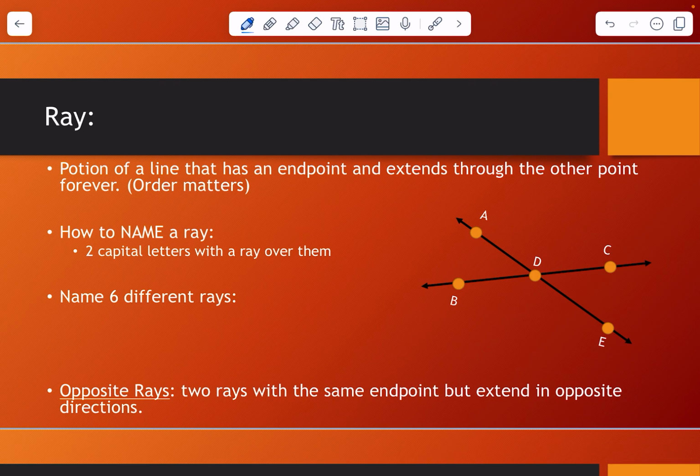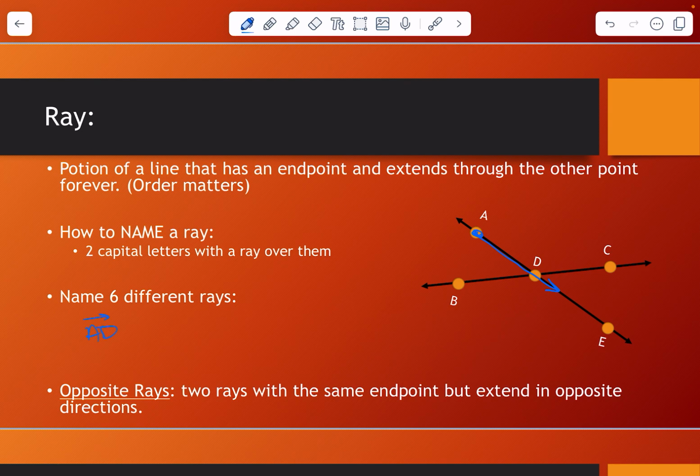So if I were looking here and I said, what are six different rays? I would have something like AD. AD starts here and goes through this. Now, if I said AE, that is actually the exact same ray as AD.